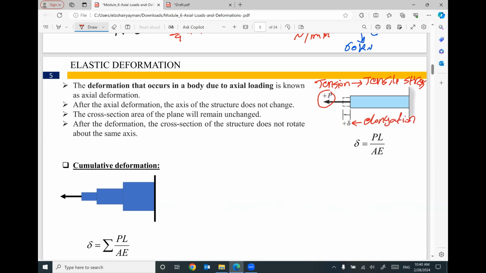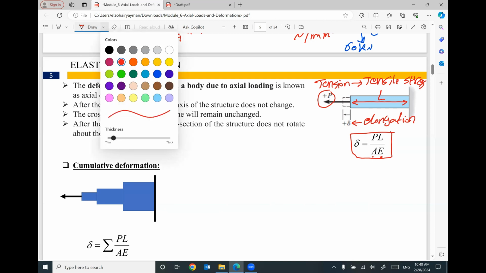This elongation will equal P, the applied force, times L, the original length of the member, divided by E, Young's modulus, times A, the cross-section area of this member.